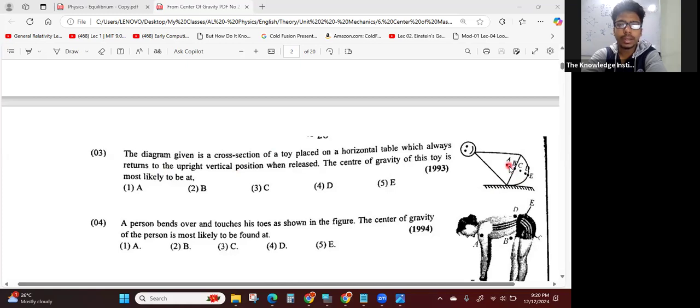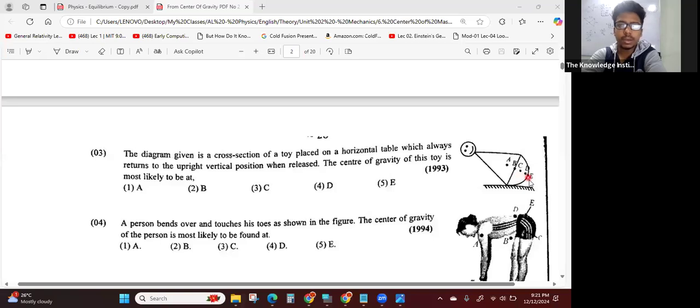Therefore, it cannot be point A or B. B means it always stays in the same place because it's a neutral equilibrium. We will discuss soon what neutral equilibrium, stable equilibrium and unstable equilibrium mean. So this one should have a stable equilibrium.